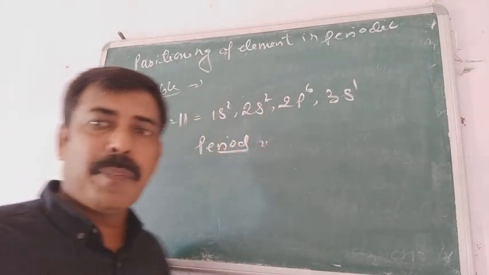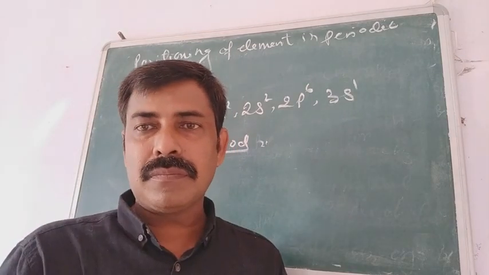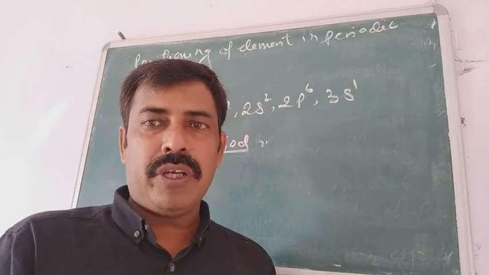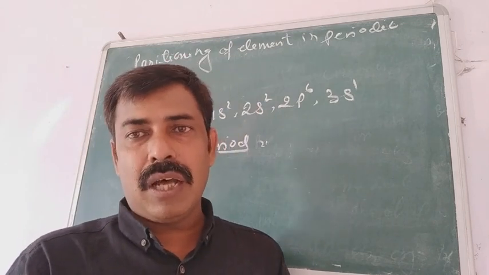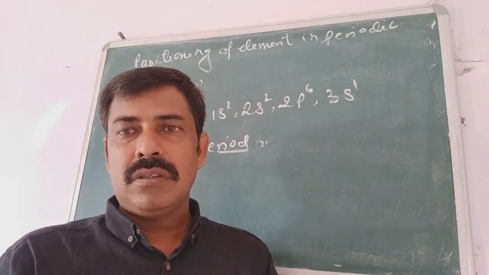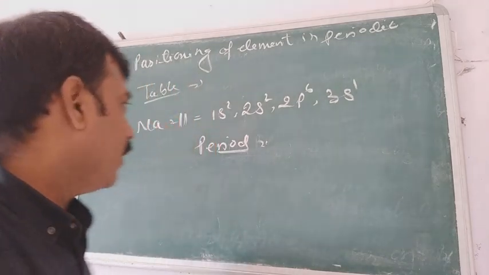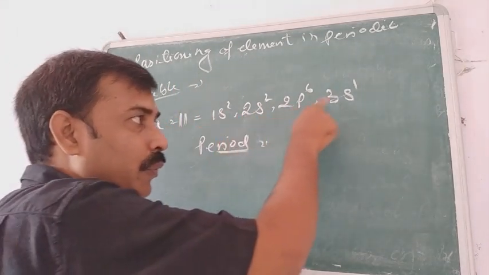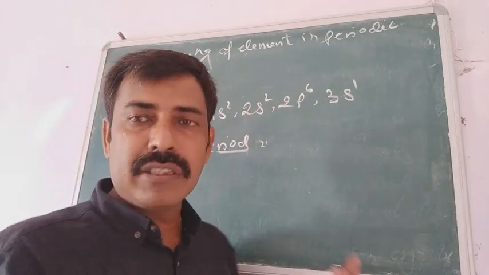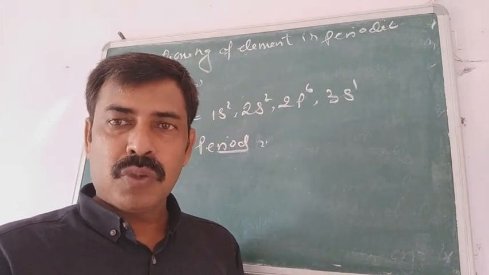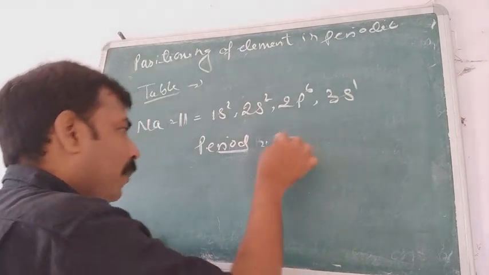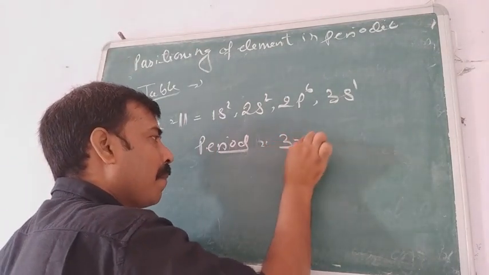The largest principal quantum number in this electronic configuration will determine the period. What is the largest principal quantum number? It is 1, 2, 2, 3. So only 3 is the largest principal quantum number. So what will be the period? The period number 3.